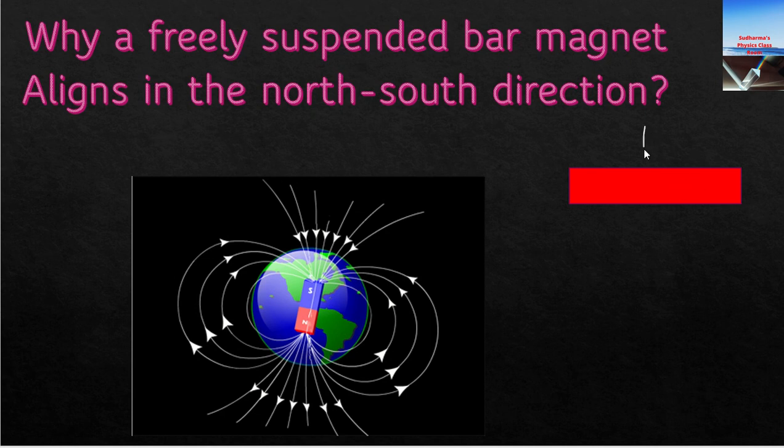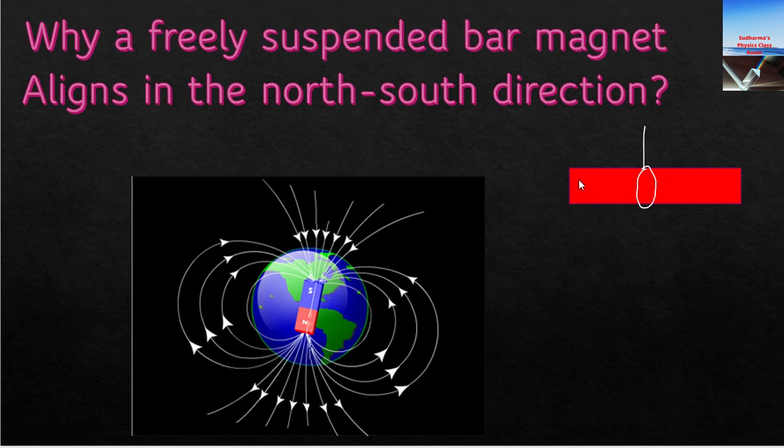So what you can do is freely suspend it using a string. Just take a string and suspend it. You can hold it on your hand, then let it come to rest. It may fluctuate for some time, and at last it comes to rest. Then you have to check in which direction it is aligned, and you know the directions in your place.